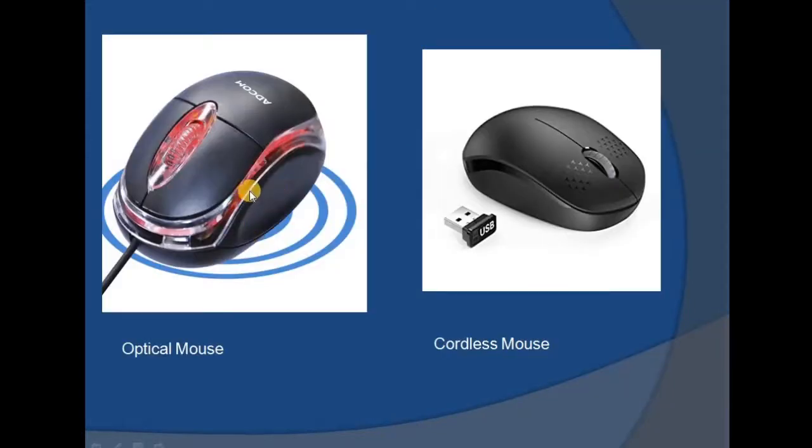This is an example of an optical mouse, where an optical sensor is present, and based on the mouse movement we can do the operations. Optical mice can be wired or wireless, and similarly the cordless mouse needs no wire connection. It is very handy, and you can just plug in the USB connector. The moment you connect this USB to your laptop or CPU, you can start using it.